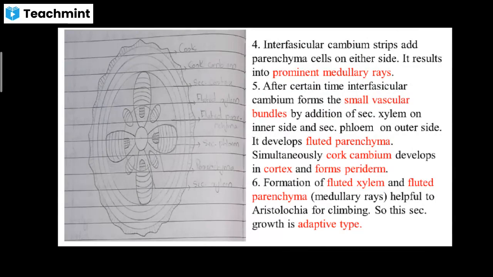So this is the adaptation. Abnormal cells will be added due to these vascular cambium rings.